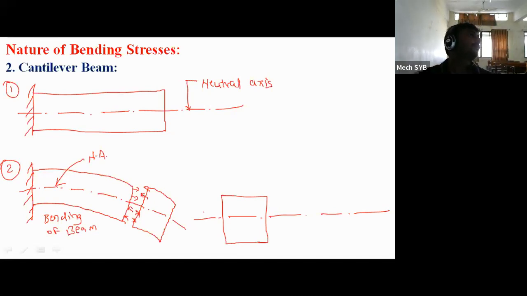Okay, draw the figure. So the figure we have drawn is for the cantilever beam whose one end is fixed, another end is free. In figure number 1, it represents the beam which is subjected to the point load at the free end. That means before bending, figure 1 will be applicable. After bending, figure 2 will be applicable. That means in figure number 2, we can see the bending of the beam which is taking place in the downward direction.